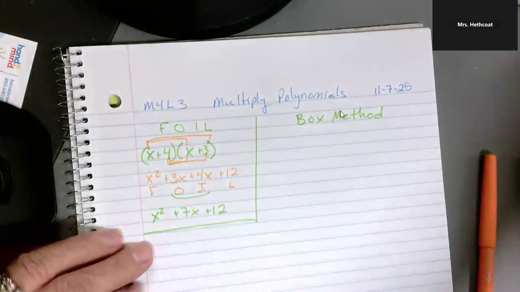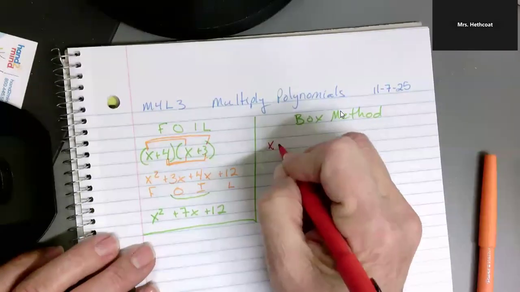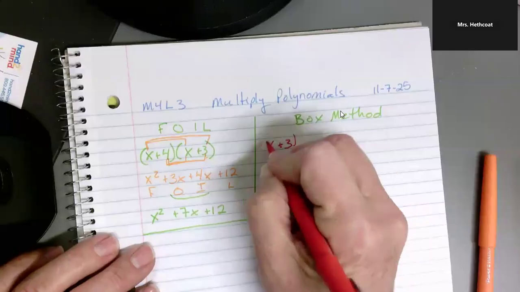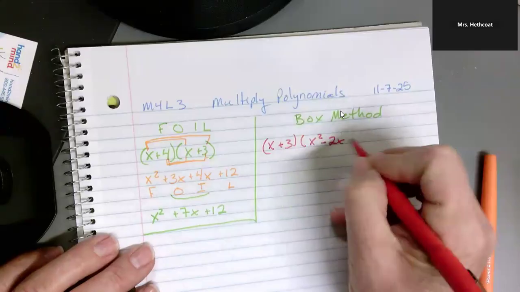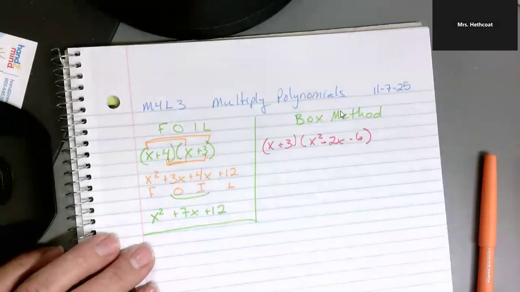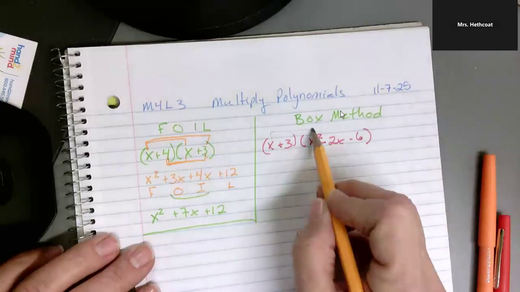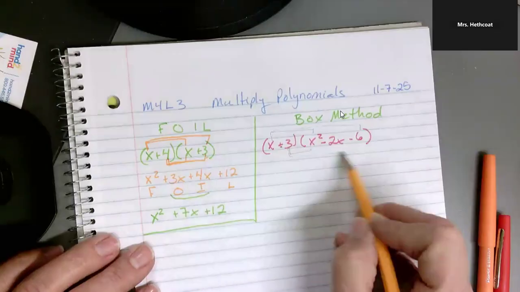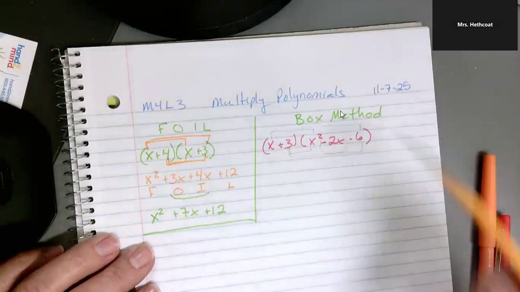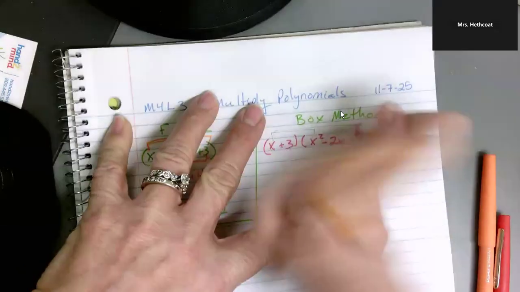If we were given the product of polynomials such that x plus 3 times the quantity x squared minus 2x minus 6, we can see that FOIL wouldn't work because it would be firsts, outers, inner, and last, and we would never multiply that negative 2x, which we for sure need to multiply that negative 2x.